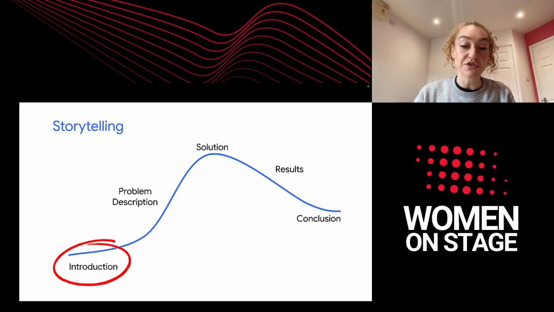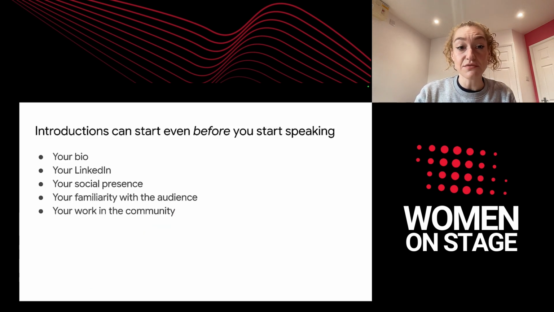You need to introduce the topic that you're going to cover, but also yourself. This can be something on the screen and also what you say. As you'll notice, at the beginning of this talk I had my picture. Obviously you can see my face as well, but a picture's great too. I said what my name is, the company that I worked for, my title, and I also put my LinkedIn.